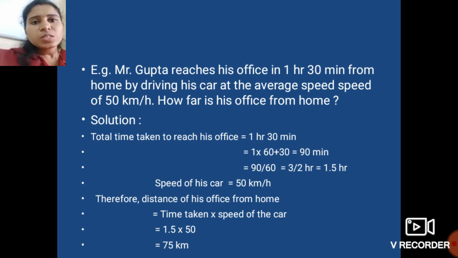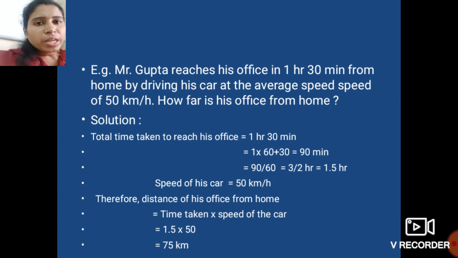Here also Mr. Gupta goes to his office by car from home in 1 hour 30 minutes, at the average speed of 50 kilometer per hour. And what we have to calculate is how far his office is from home.